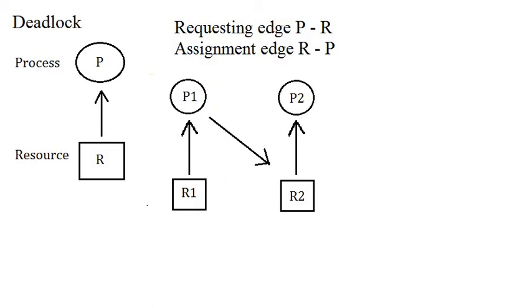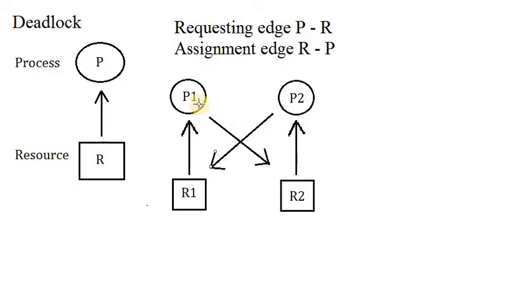Now the problem is like this. Suppose P2 is also requesting another resource, that is R1. In this case, P2 is holding R2 but requesting R1, and P1 is requesting R2 but holding R1.